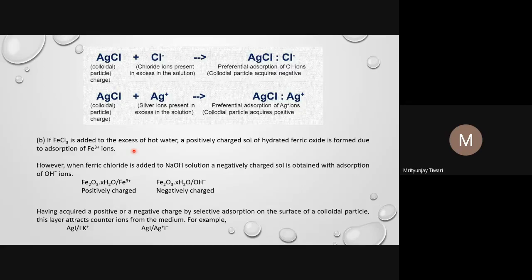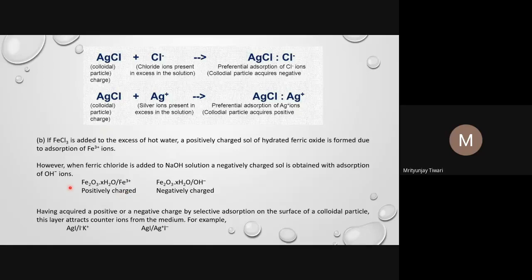So what will be in excess? A few Fe3+ ions will be adsorbed by the ferric hydroxide particles, and so the colloidal particles will be positively charged. So if FeCl3 is added to excess hot water, a positively charged sol of hydrated ferric oxide is formed due to adsorption of Fe3+ ions.